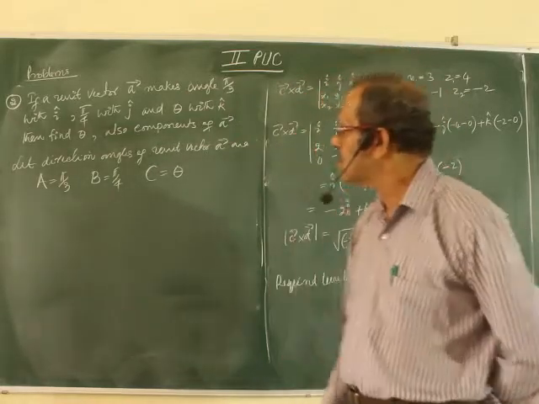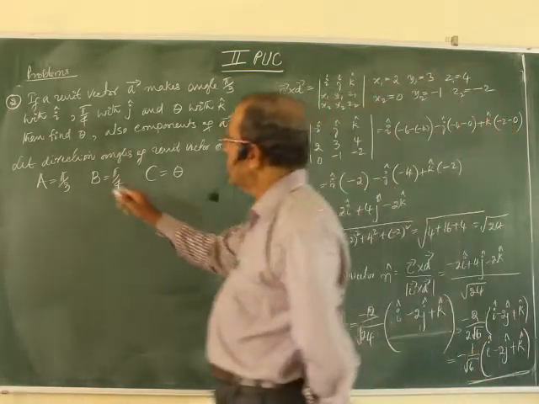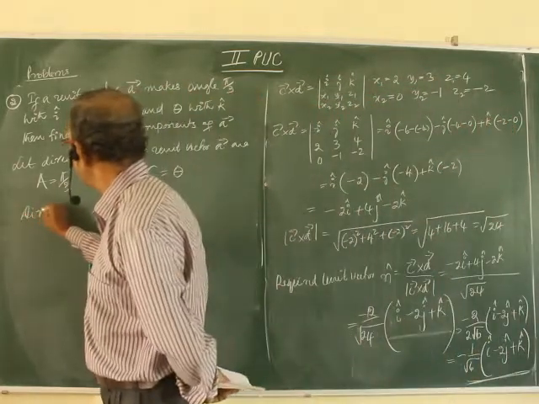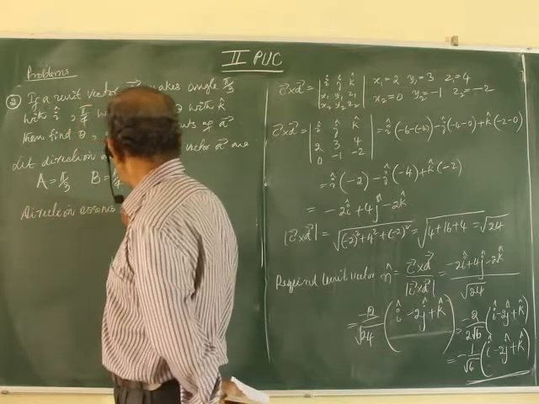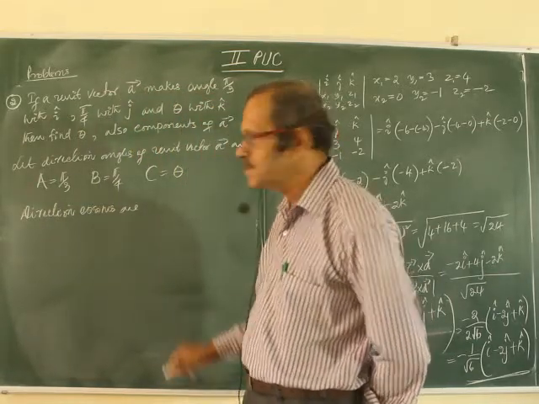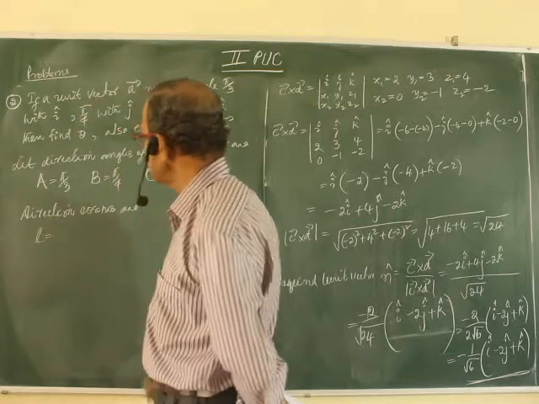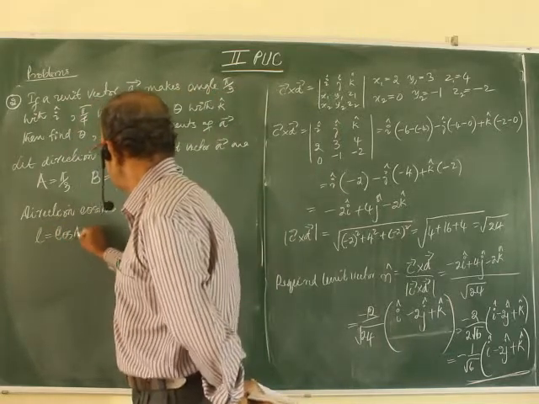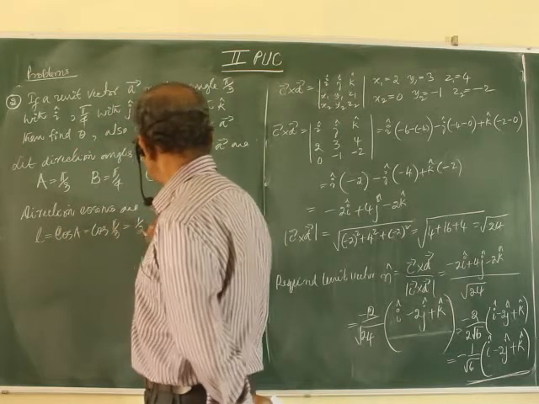Now, next what to do? Direction cosines can be calculated. Direction cosines are, but you have given the name for that one, L. L equal to cos A, which is equal to cos pi by 3, cos 60, half.